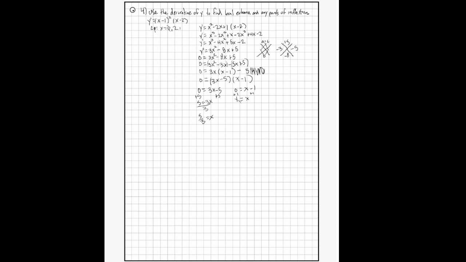2. I plug 2 into y double prime to see if it fits a minimum or a maximum. I have to plug 2 in for x in the second derivative equation. And when I plug 2 in for x in the second derivative equation, this equation right here, I get 2 to the power 2, 4.